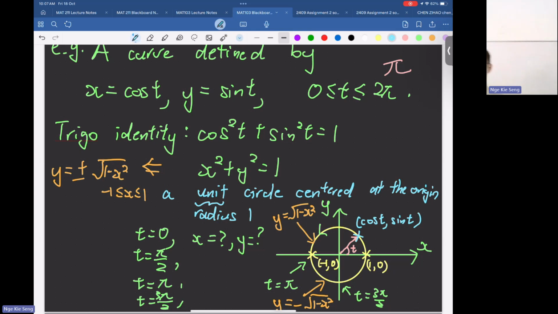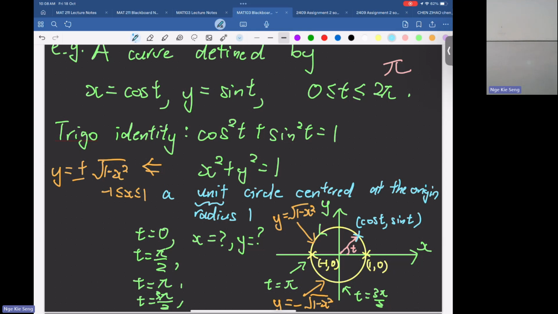But how do you understand cos t and sin t? What's the formula you know about cos t? It's a ratio of what? Cos t equals adjacent over hypotenuse.